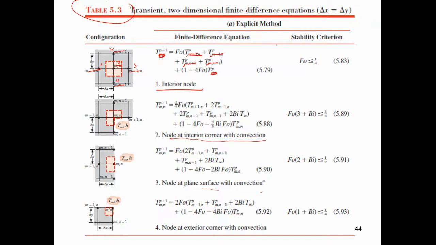Now if you look at the stability criteria, what is this?